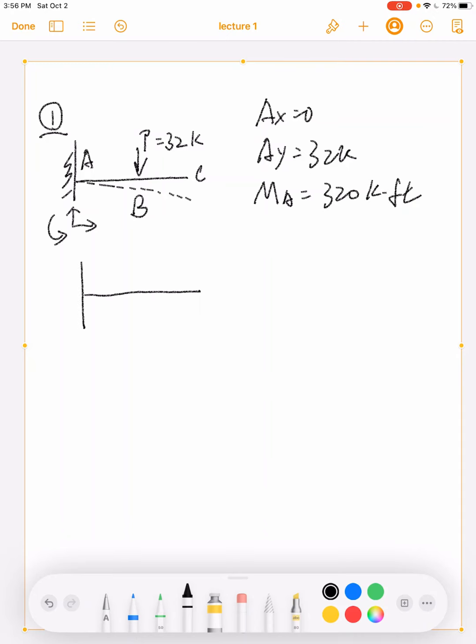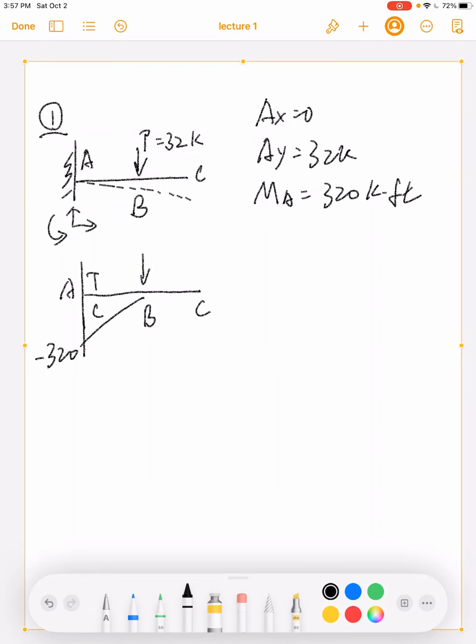If I plot the bending moment, it will look something like this: 320. This is the point load, this is B, this is C, this is A. This will be a negative bending moment, right? Because the top of the beam is under tension and the bottom of the beam is under compression. So this will be a negative bending moment.